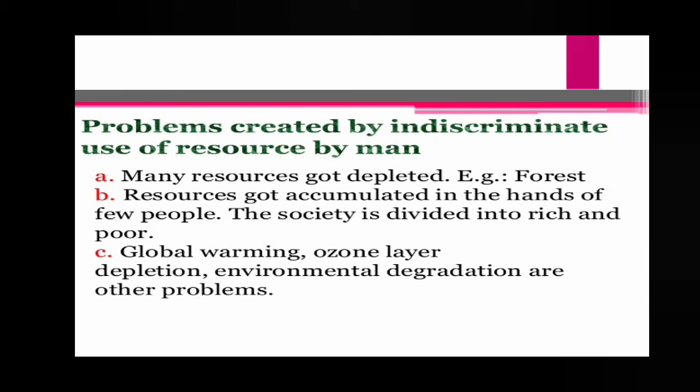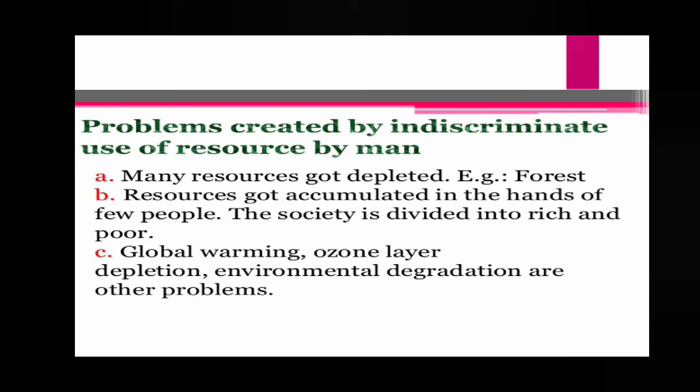So due to this greedy nature of human beings, we have started to make three mistakes in our life. What are the three mistakes? Before that also I mentioned, we are doing three mistakes: misuse, overuse and exploitation. Due to these three mistakes, we are creating some problems.